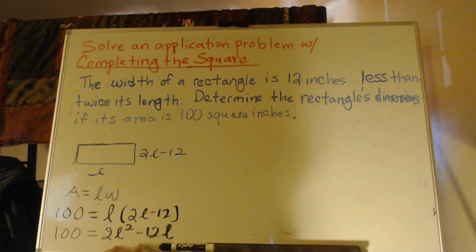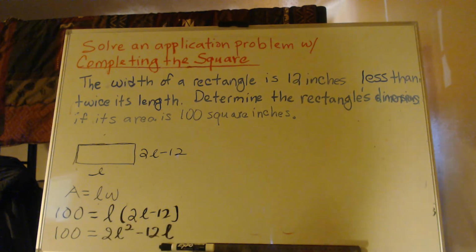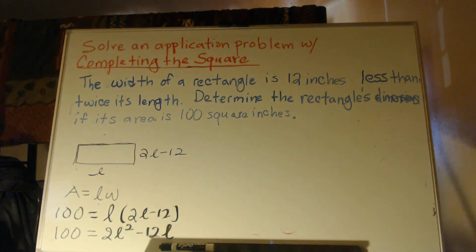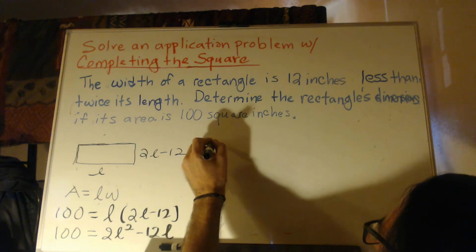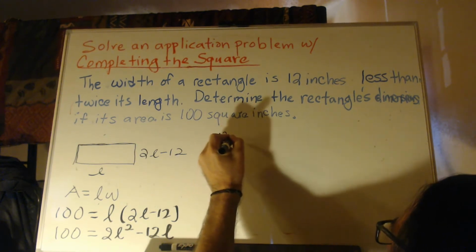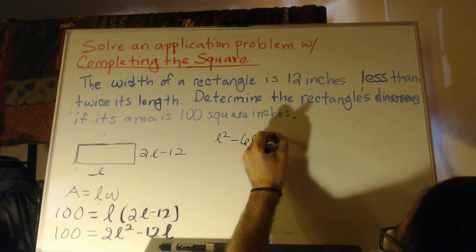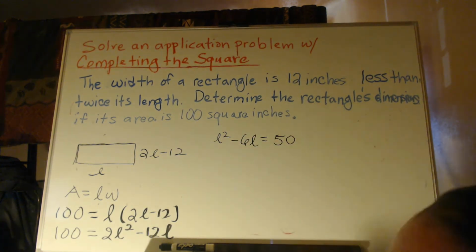So I'm going to divide all terms on both sides by 2. I've also put the constant term on the right hand side instead of what we had here.